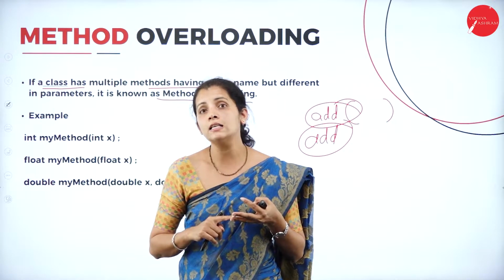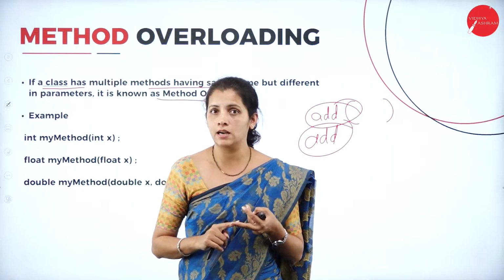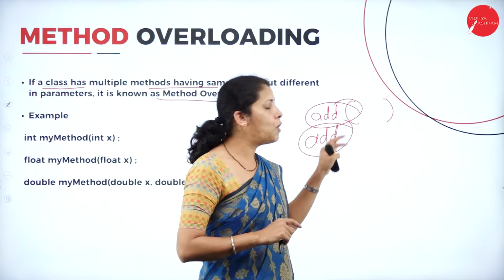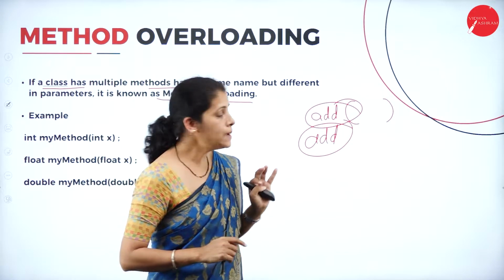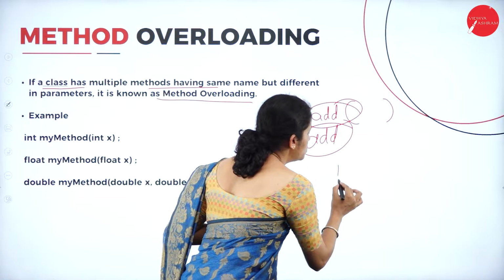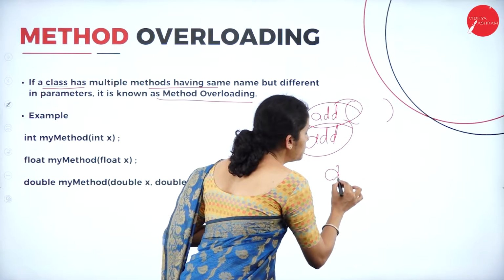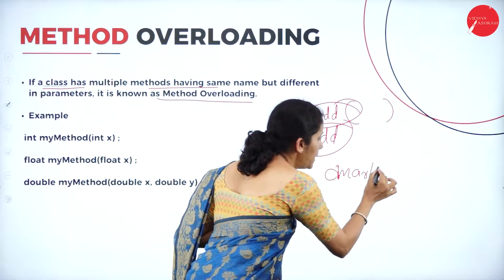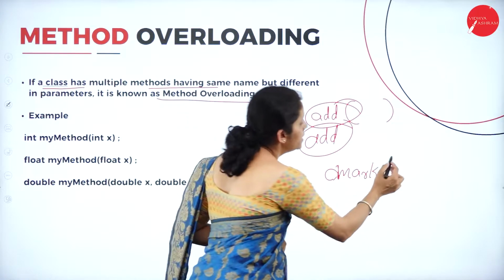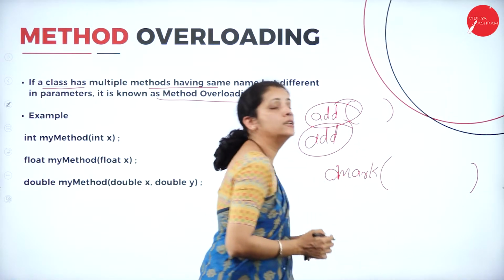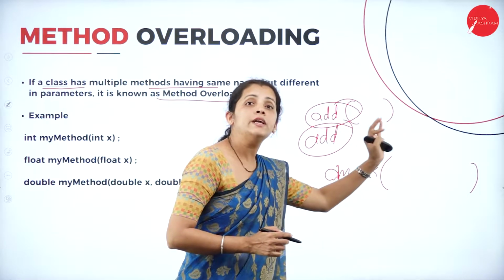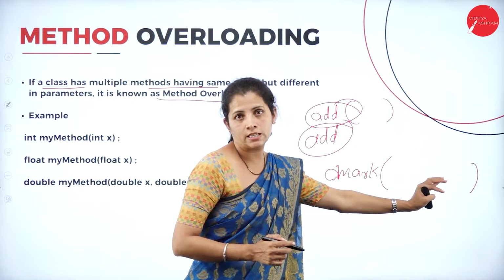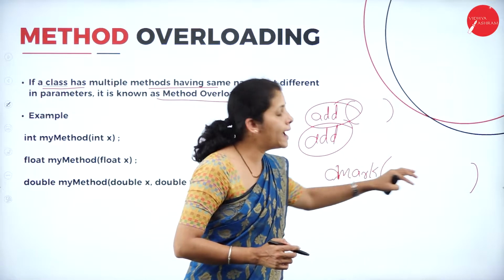And if I consider all the marks cards, what is common? That is, my name is common. So I'm going to treat that one as my method. Then if I consider the subject, in each marks card I'm going to have different subjects, and they are called parameters.